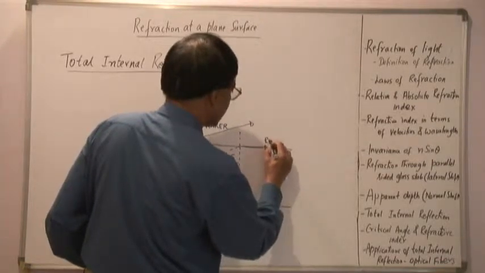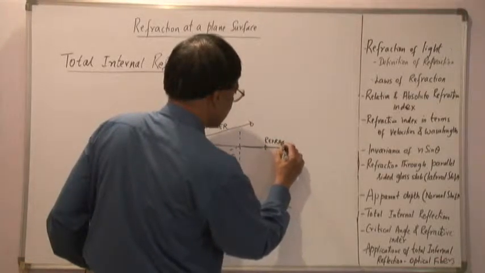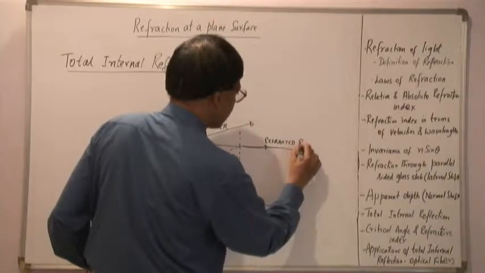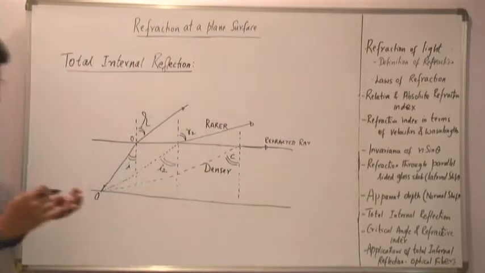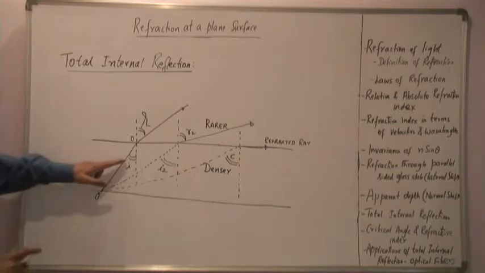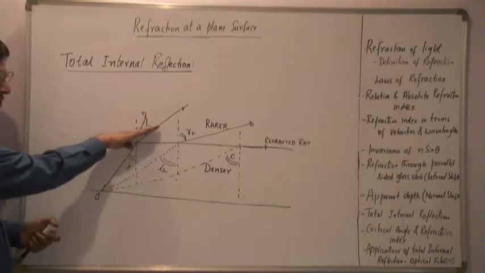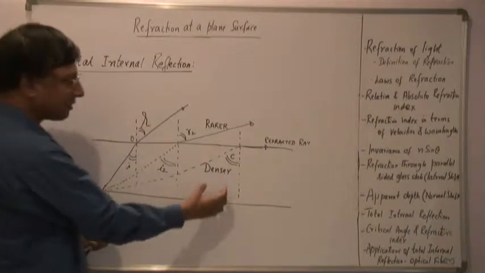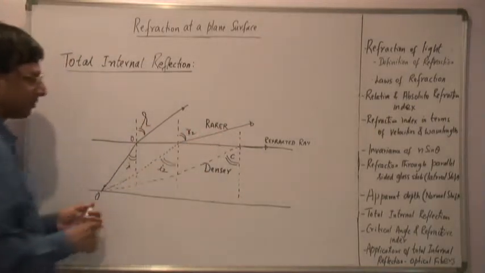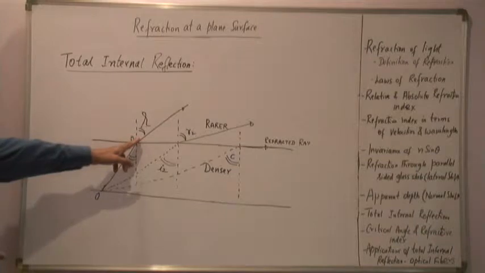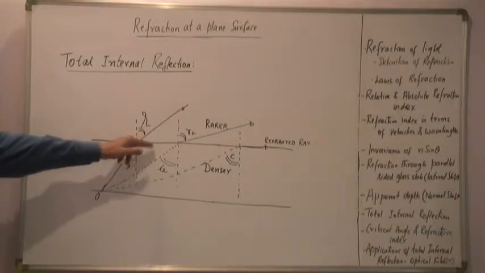This will be the refracted ray. So notice that as the angle of incidence keeps increasing, the angle of refraction also keeps increasing when light travels from denser medium to rarer medium, because in this case, the refracted ray is moving away from the normal.